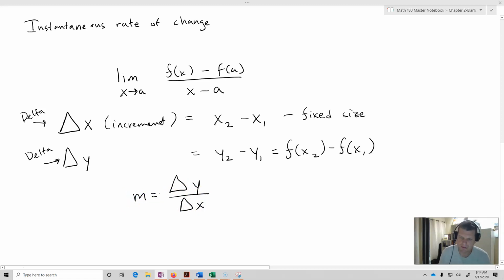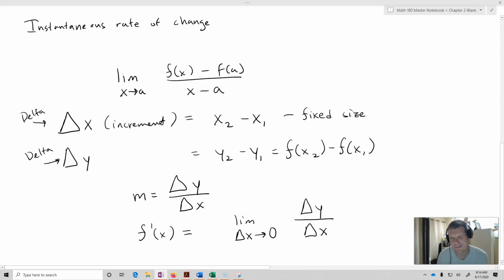So our derivative, f prime of x, is then going to equal the limit as delta x goes to 0, so as that increment goes to 0, of delta y over delta x. And you want to sit down and be like, oh, okay, that's basically the same thing.